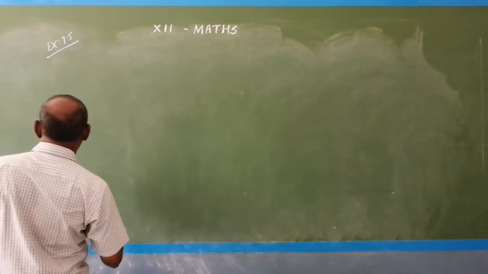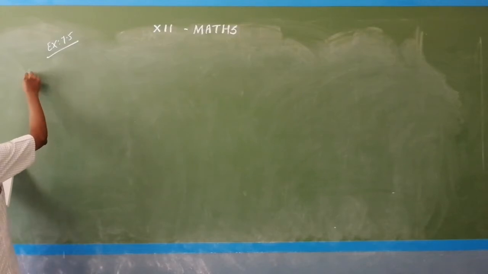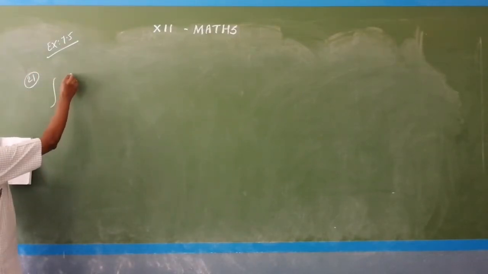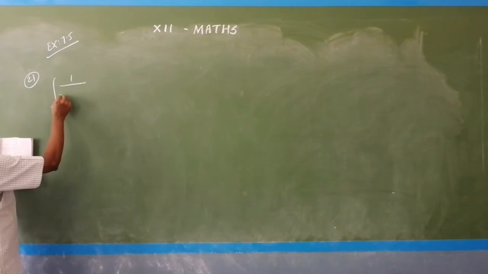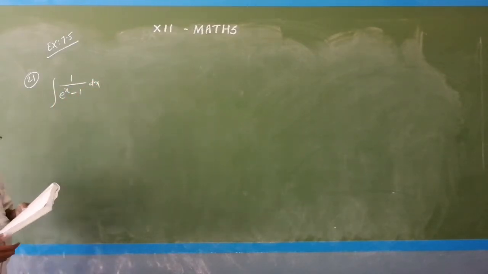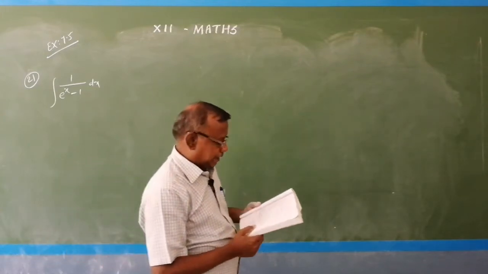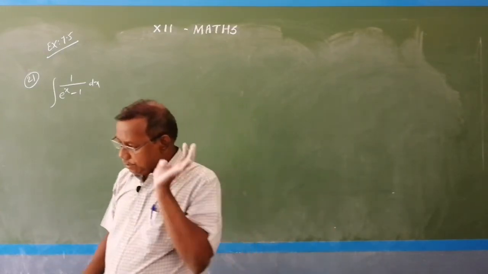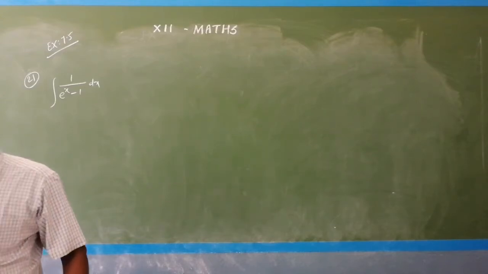Now, question number 21. We are given integral 1 by e power x minus 1 into dx. We are also given a hint: we put t equal to e power x. The same way we solve this problem.